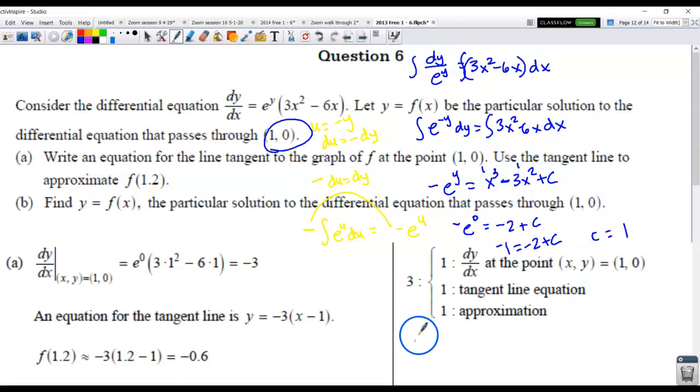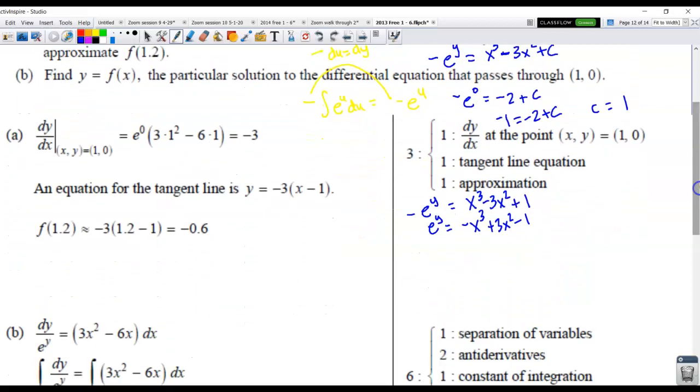So I'm going to come back where I left off, which is negative e to the y equals x cubed minus 3x squared plus 1. And to get y by itself, first I'm going to divide both sides by a negative, and that'll give me negative x cubed plus 3x squared minus 1. And then finally, to get y by itself, I'm going to take the ln of both sides.